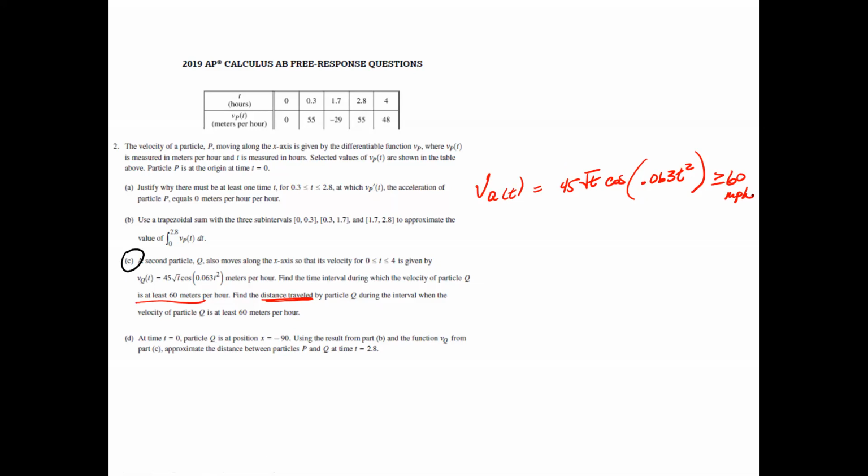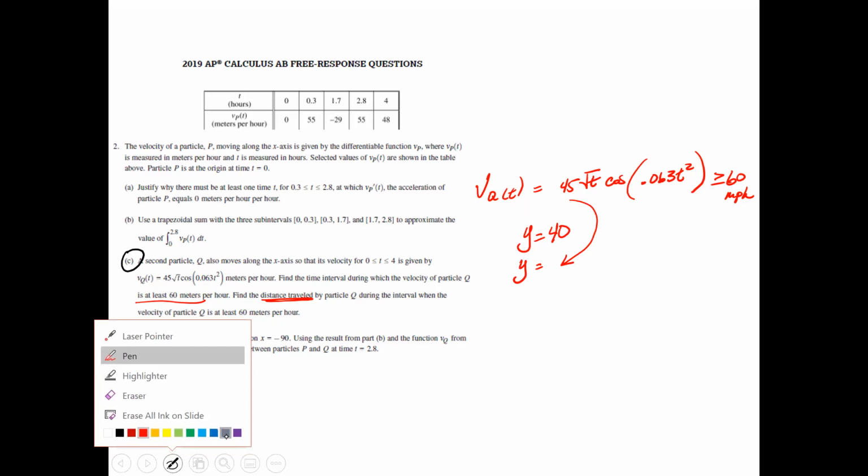However, the problem with this is that I do not know what my intersection with this is. So if it has to be greater than 60 meters per hour, it is saying y is going to be equal to 40. And then I'm also going to be graphing this equation right here.